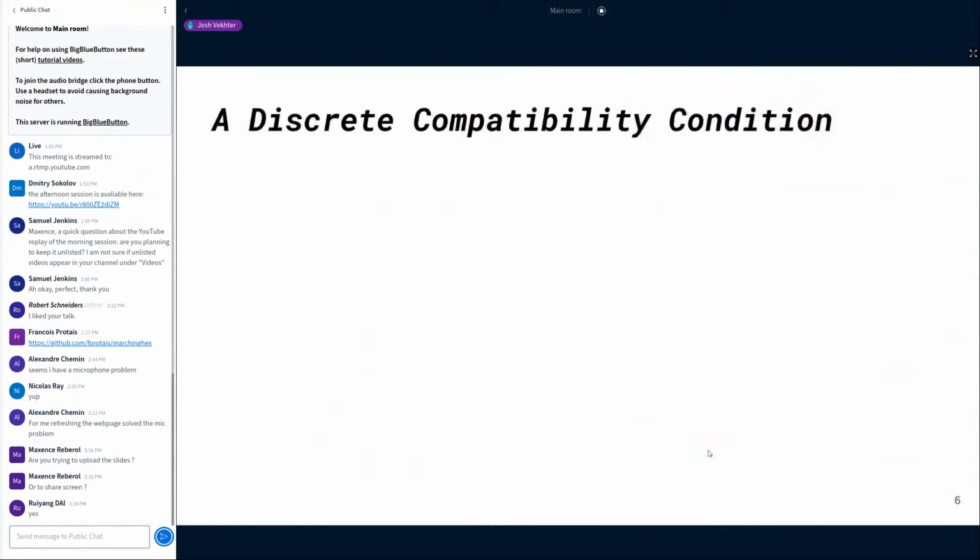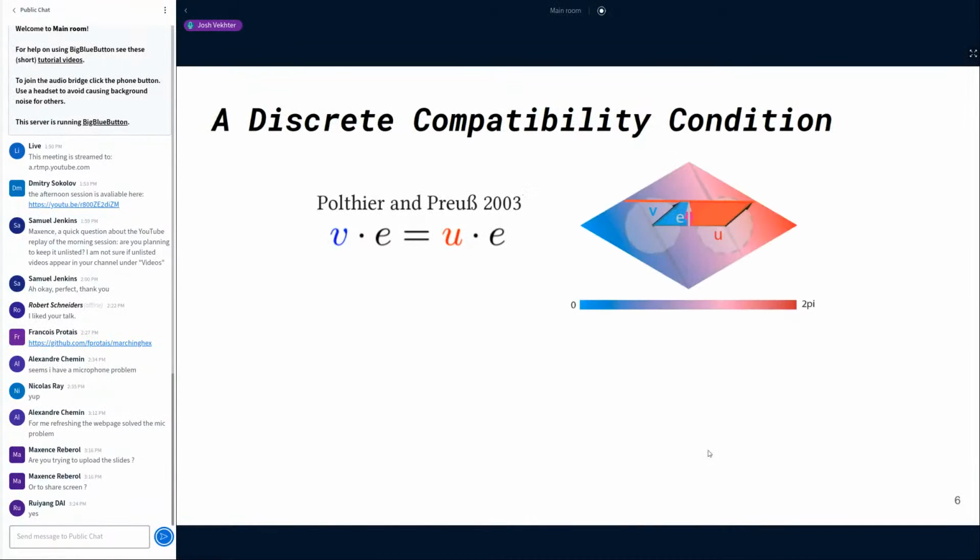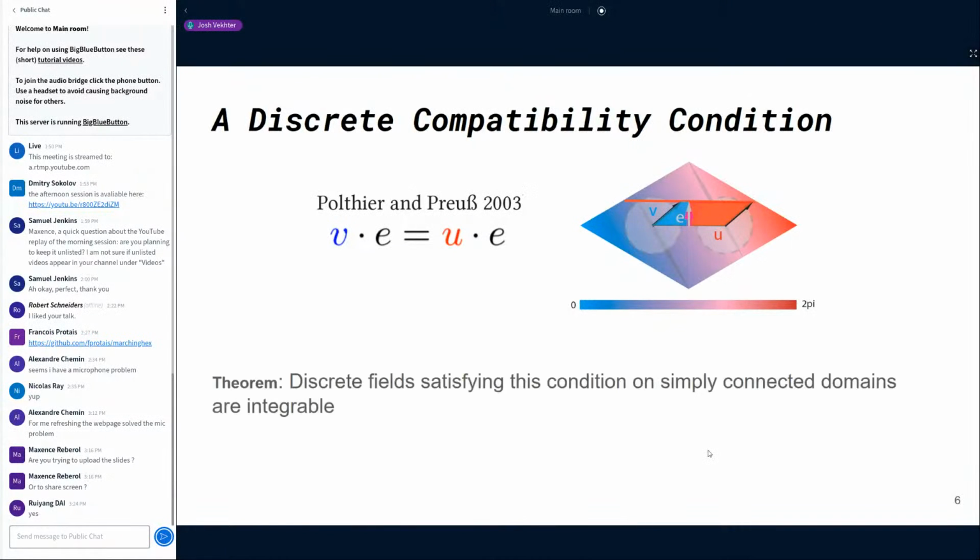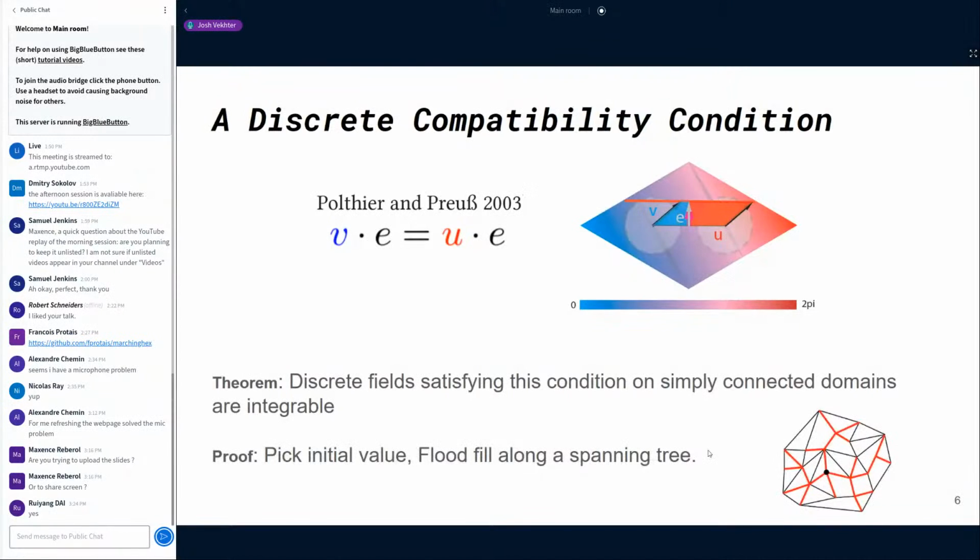In this discretization, there's a paper by Poultier and Persus that gives in 2D an integrability condition, which is that if you have two faces that share an edge, the projection of the vector field onto the shared edge must agree in order for the vector field to be integrable. If your domain is simply connected, then this is actually a sufficient condition.